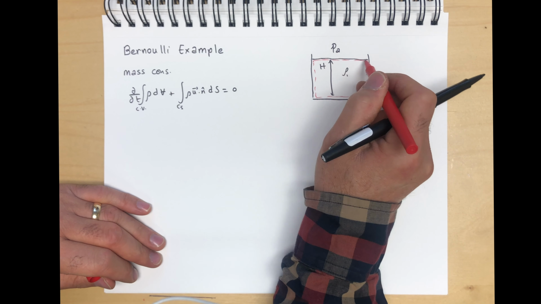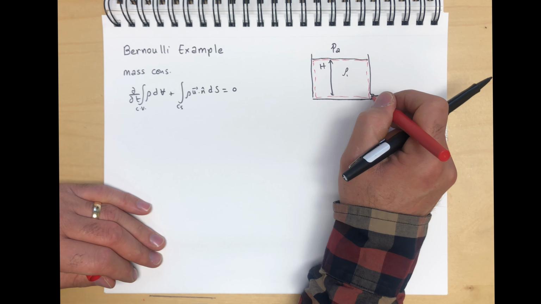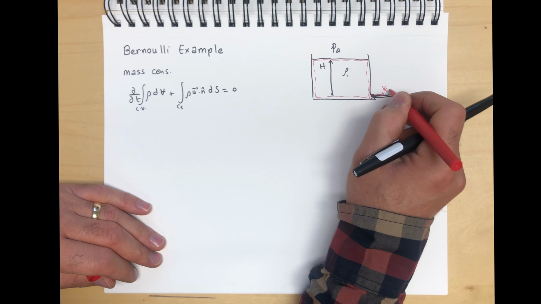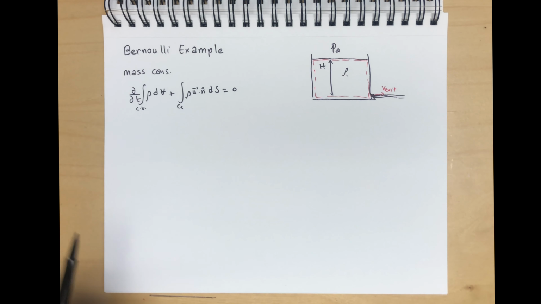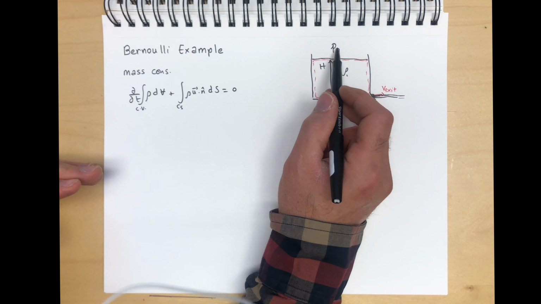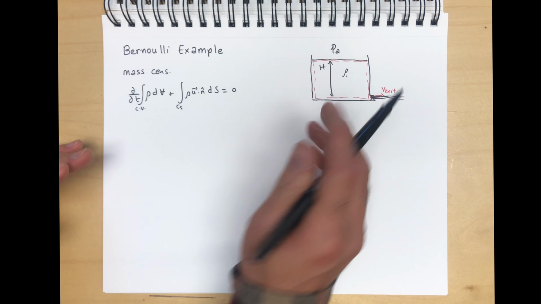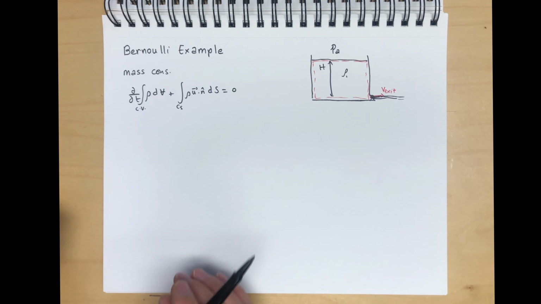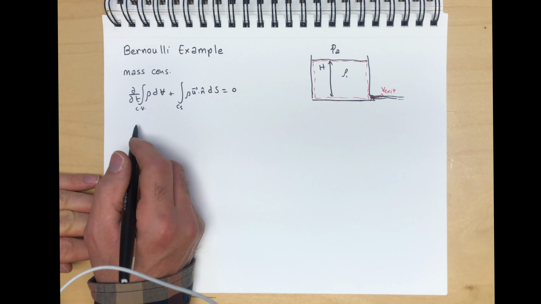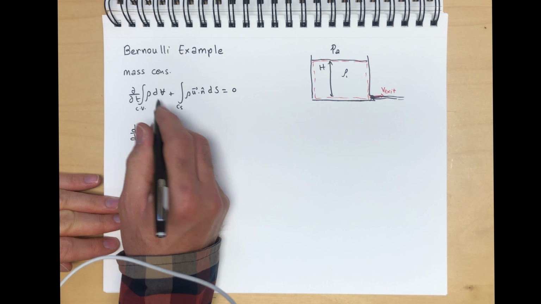And so there's the only output. We're going to assume that there's no velocity over here, so we're only going to consider the exit velocity over here, V exit, or Ve. Another way to do this is to assume that the tank is closed, but that causes problems for the atmospheric pressure. So we're just going to assume that this is very, very slowly emptying. Anyway, what this gives us is d by dt of the integral of rho dV.